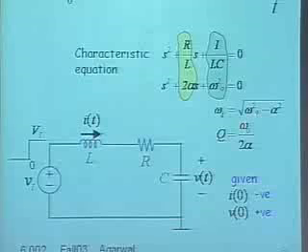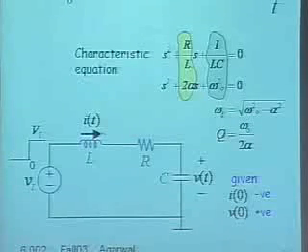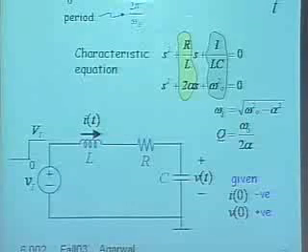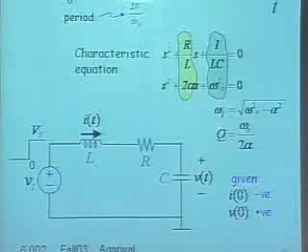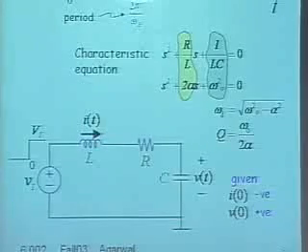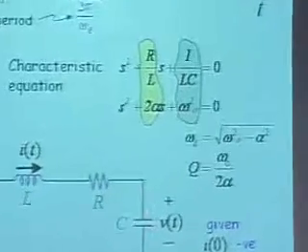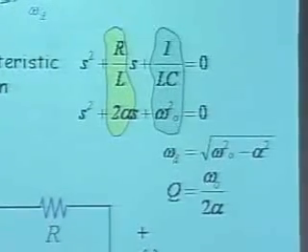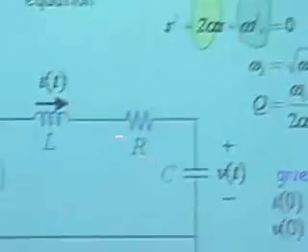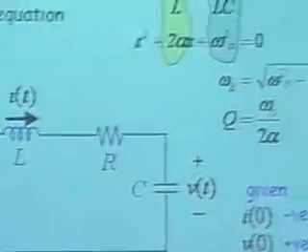So first of all, omega d is the frequency of oscillation. And since omega d is the frequency of oscillation, then I know that the time period of oscillation is 2 pi by omega d. Omega is in radians. Notice that for typical values of circuits like this, when R is pretty small, alpha squared is going to be very small.